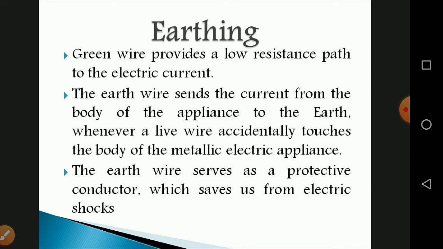The earth wire sends the current from the body of the appliance to the earth. Whenever a live wire accidentally touches the body of a metallic electric appliance, the earth wire serves as a protective conductor, which saves us from electric shocks.